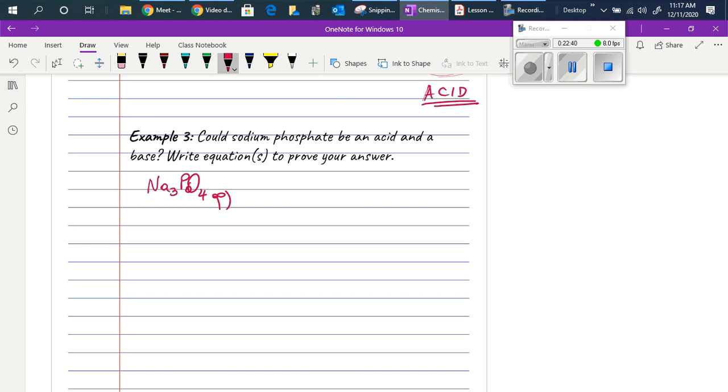It will be dissociated in aqueous solution. It is able to dissociate because it is soluble. So then we will have 3 sodium plus in aqueous solution plus PO4 3 minus in aqueous solution.